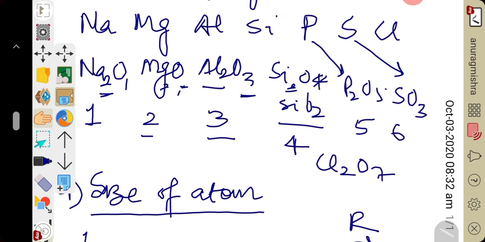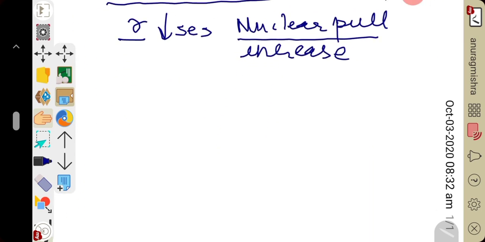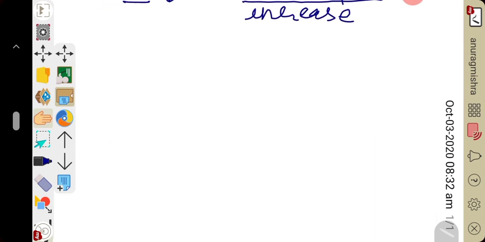That's why properties of element vary gradually. Clear? I hope you understood. So properties of elements change when we move left to right in a period because the number of valence electrons increases by 1, or you can say the number of valence electrons in different elements is different.